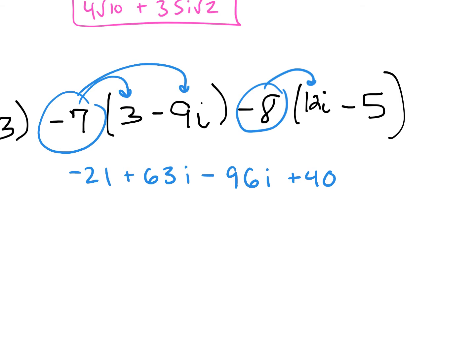Plus 40. So combine my like terms. I need to combine my real numbers first. So -21 plus 40, 19. And then my imaginary numbers, 63i minus 96i, -33i.